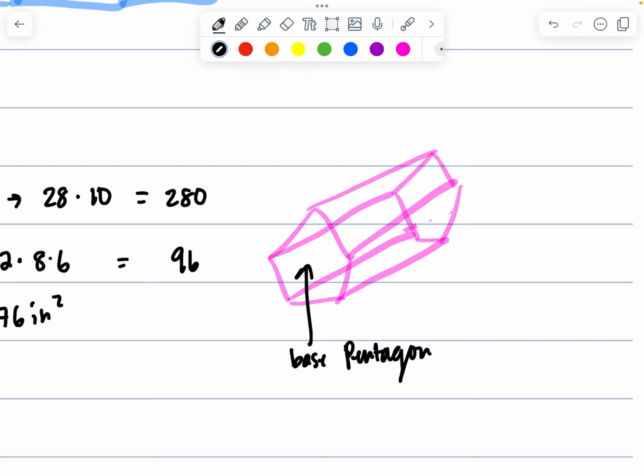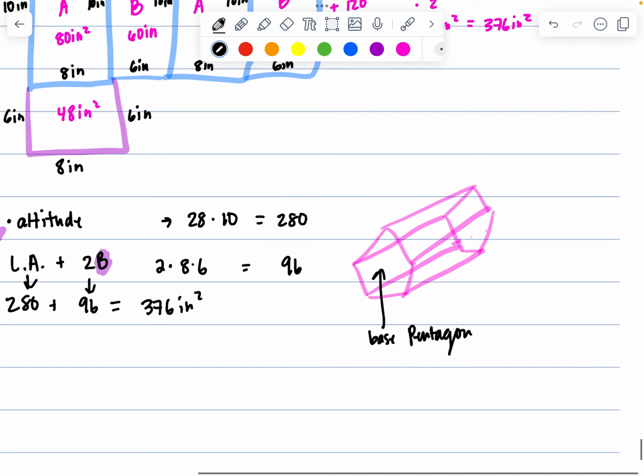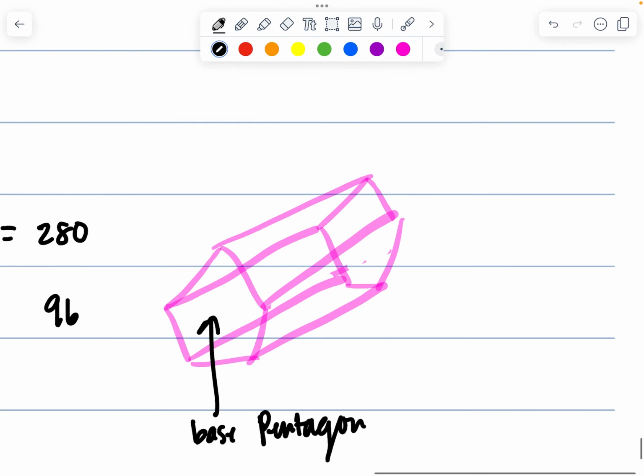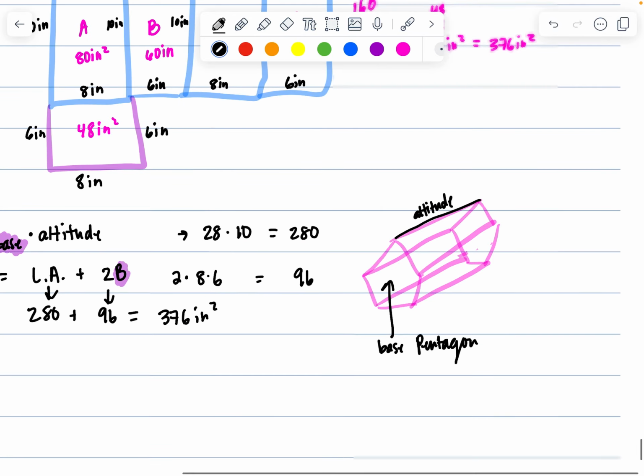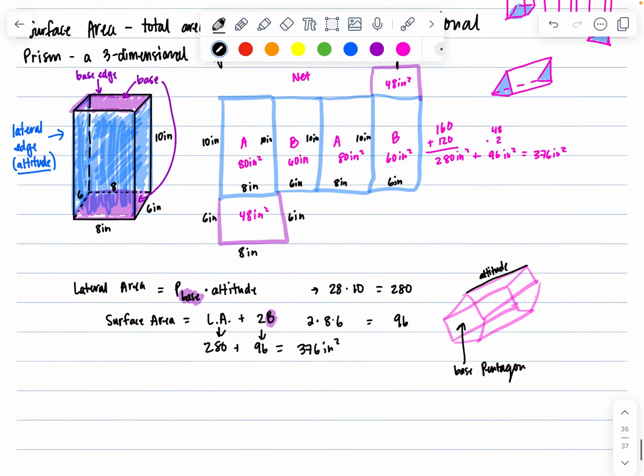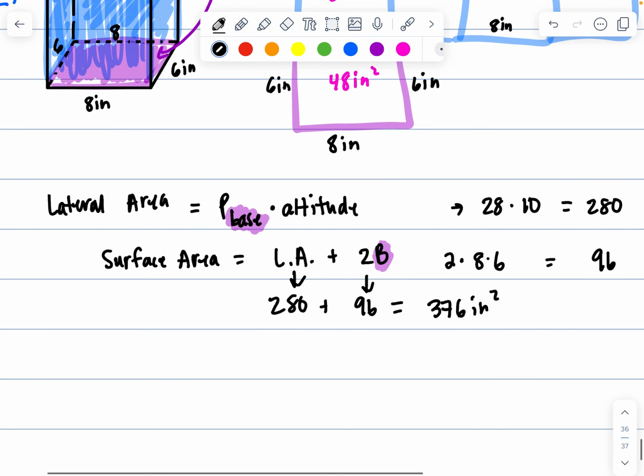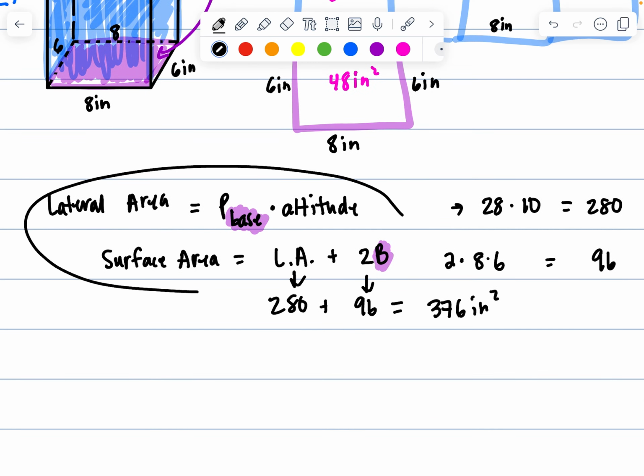All right. So you have to realize, okay, the base is the pentagon, which means this is our altitude. The altitude goes from base to base, okay? So this is your equation for it. Surface area, these are the two equations you will need.